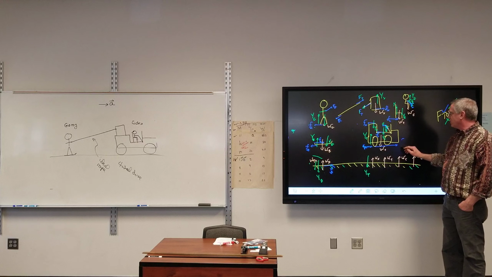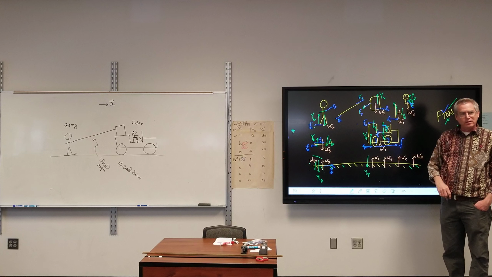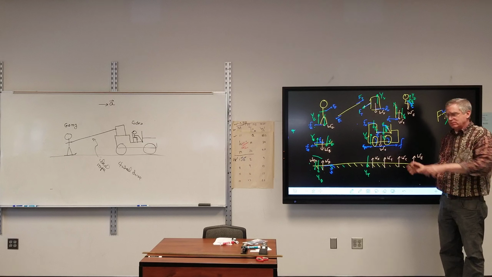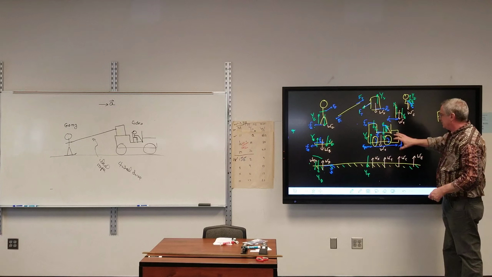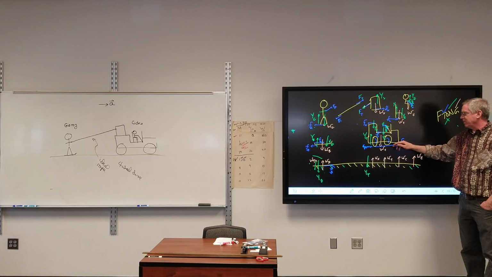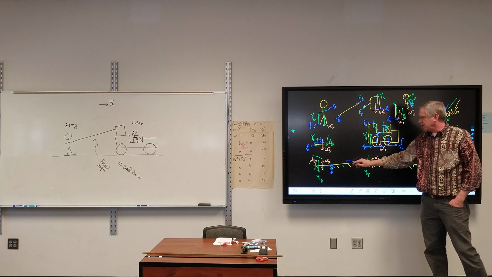So there is a friction force acting this way on the truck because the tire is spinning around like this. It's four-wheel drive, so all four of the tires are trying to spin clockwise. At the point of contact, the tire wants to spin that way, so friction is acting opposite that. So F sub T and then F sub T.